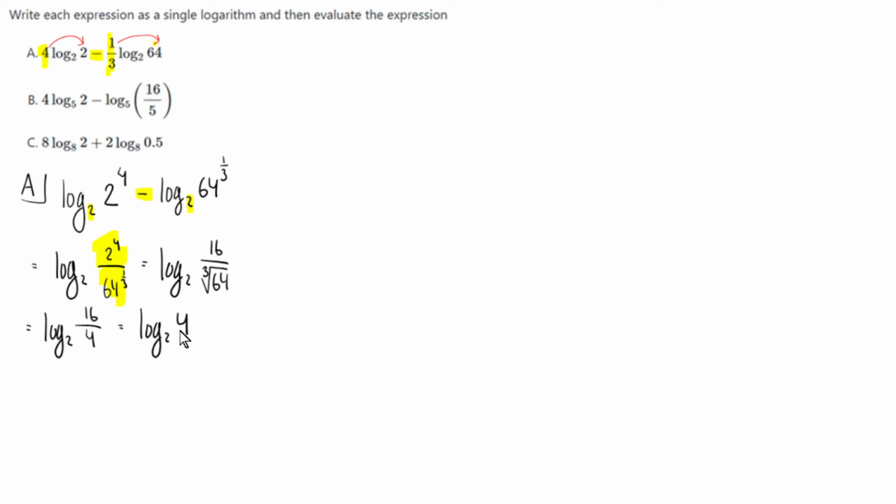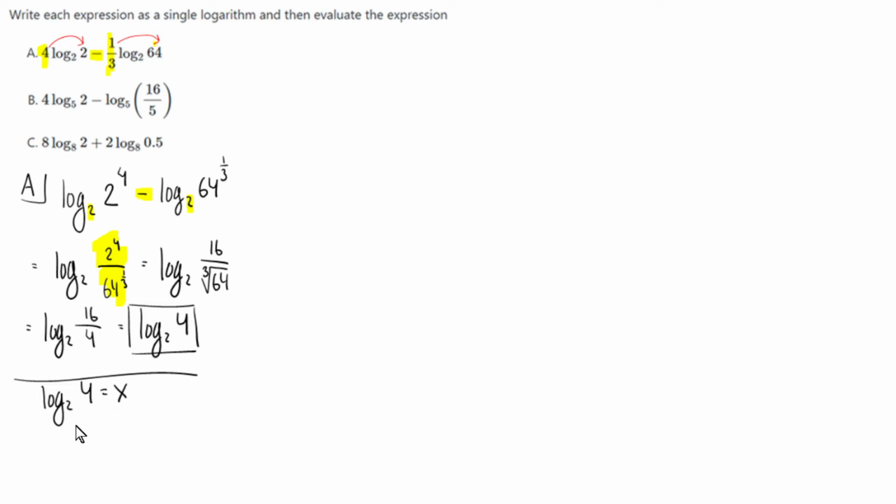So in this question, they want us to write each expression as a single logarithm. So here is that single logarithm. And then they want us to evaluate the expression. At this point, you could do this on the calculator, but I'm going to do it algebraically here. So I'm going to write log with a base of 2 of 4 equals x.